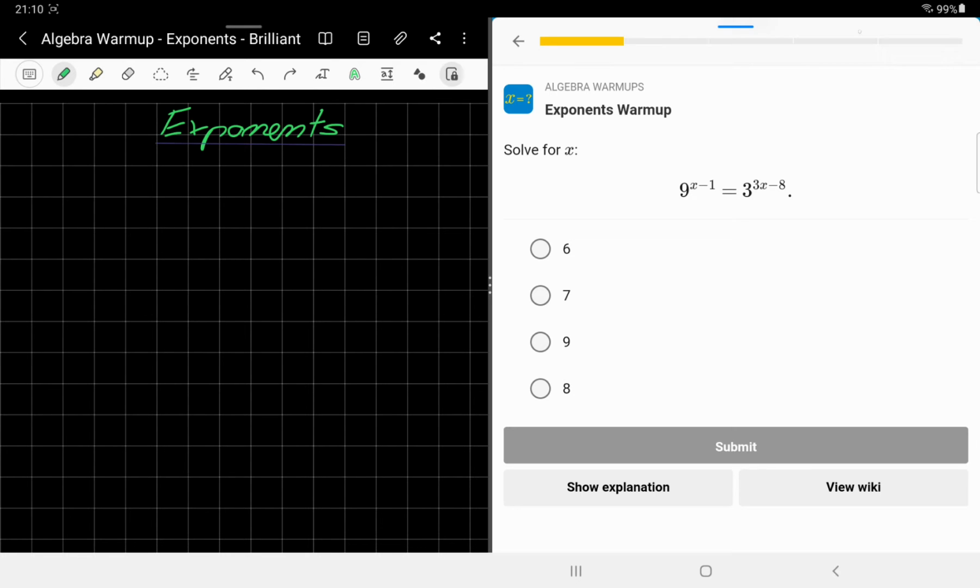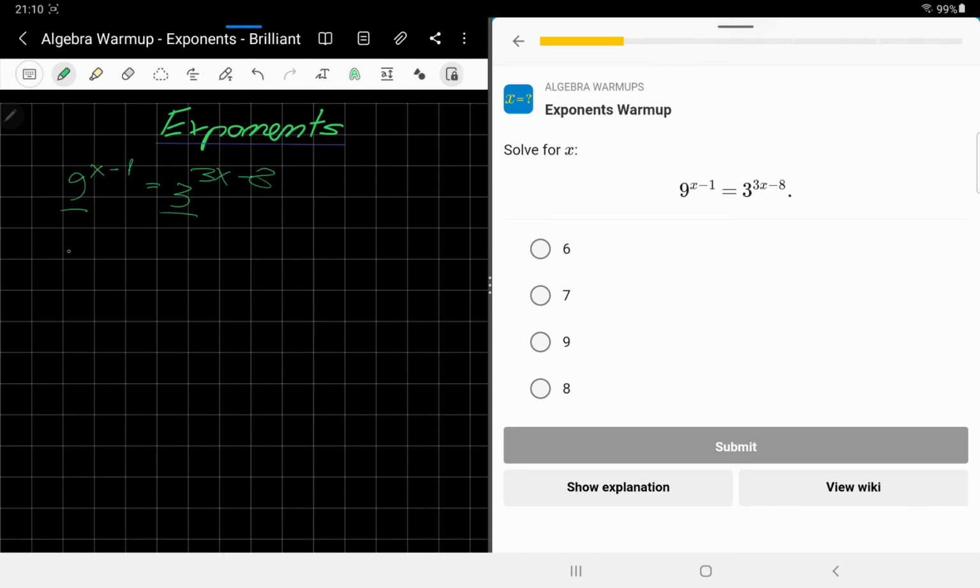We're going to go quite fast through them, and I'm going to try to explain them, or actually get them wrong as we go. So it says solve for x, 9 to the power of x minus 1 equals 3 to the 3x minus 8. How would we go about it? So we have 9 to the power of x minus 1 equals 3 to the 3x minus 8. Okay, so we somehow have to bring both the right and the left side to the same base.